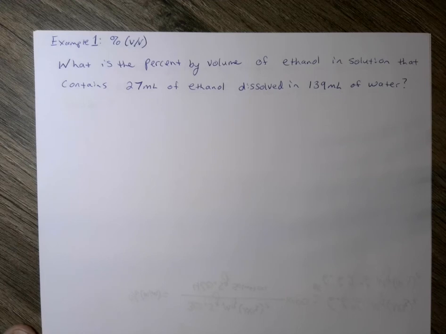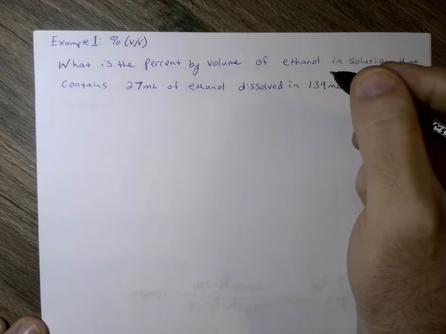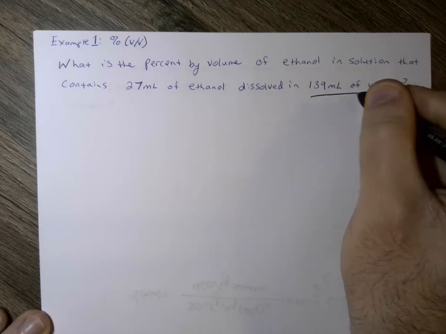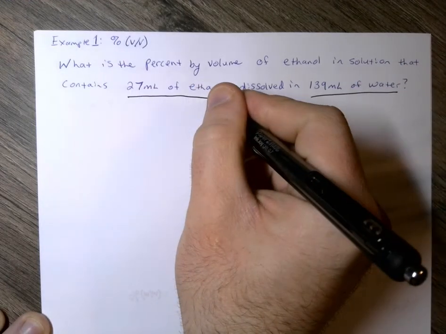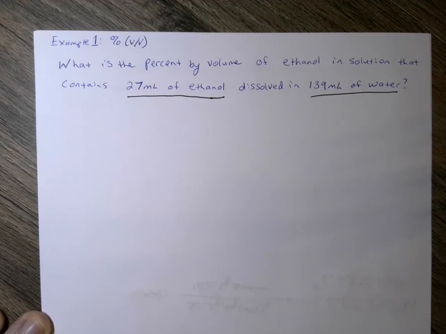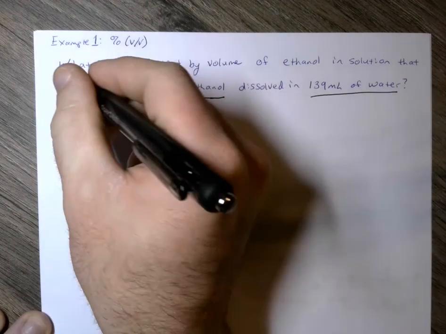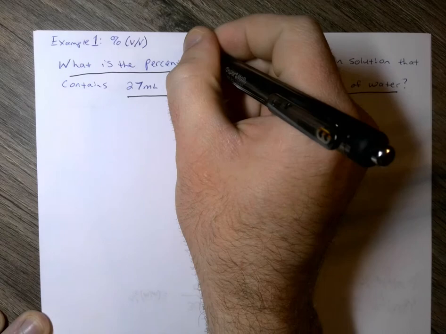So when we're looking at this question, the important thing to note here is that it gives us our information about water and about ethanol. And we want to know what is the percent by volume. So that's my unknown.